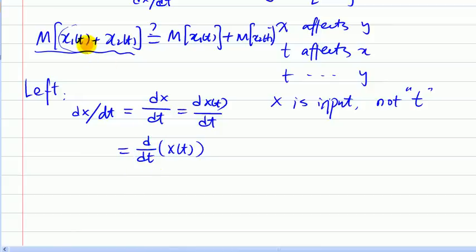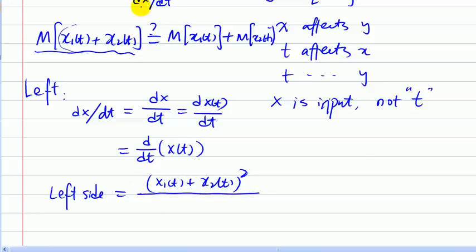In terms of the left side here, we need to replace everywhere the x with x1 of t plus x2 of t. So that's the numerator, and in the denominator you're going to have to change this x also to x1 of t plus x2 of t.